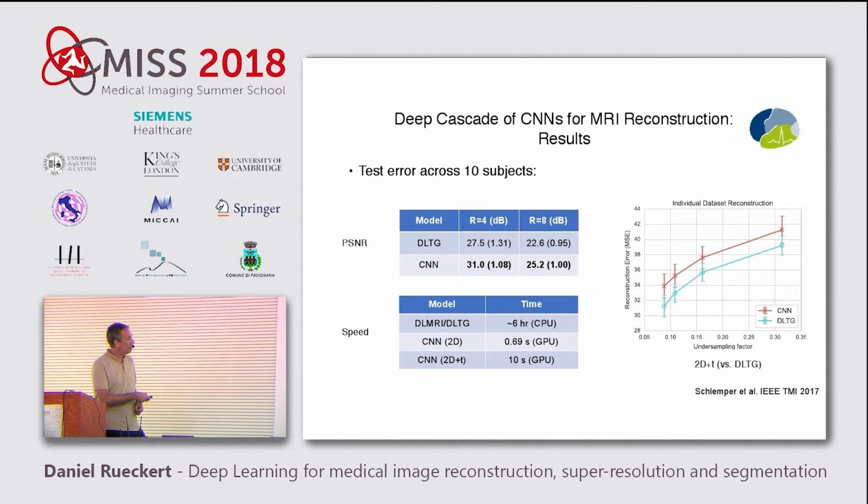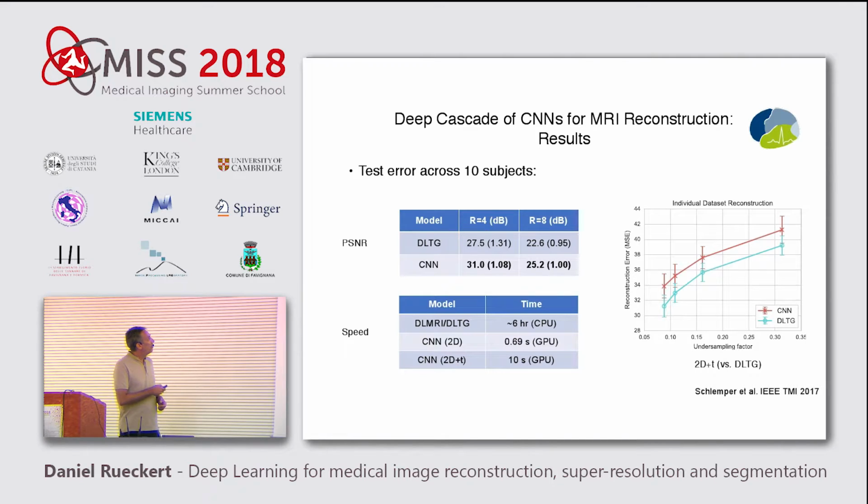So this can be very fast. These are quite old numbers on GPUs, but you can basically do this in real time. So not only is a CNN much better in terms of PSNR, it's orders of magnitude faster when you deploy it, which is what actually matters in a clinical setting, because there you want your image to be reconstructed very, very fast.